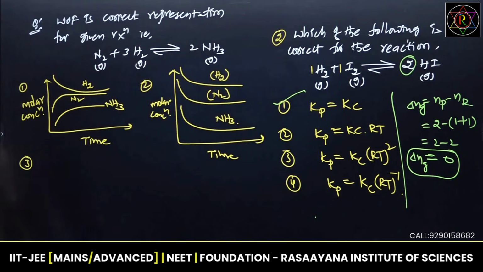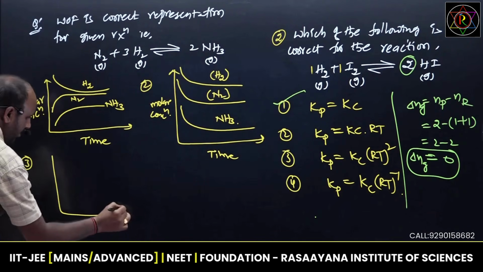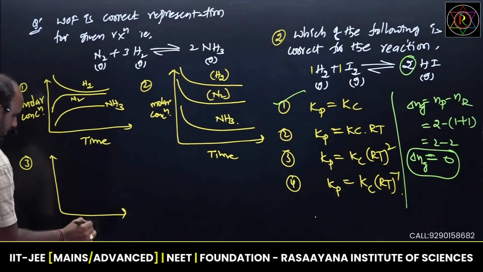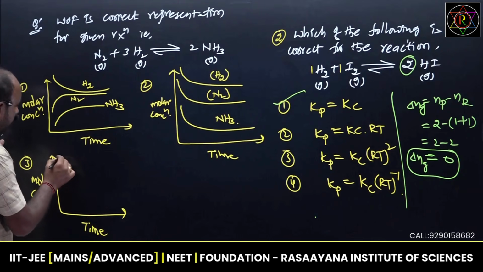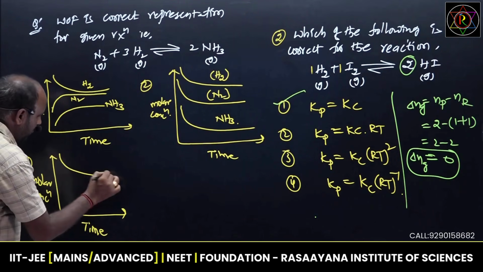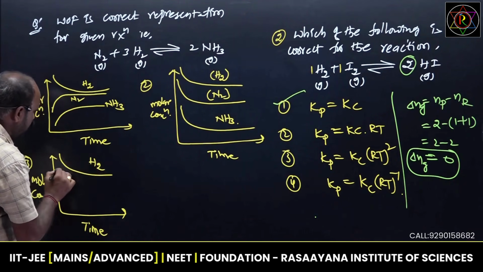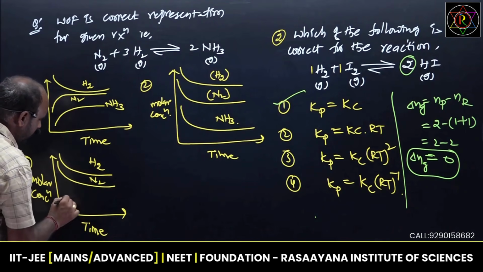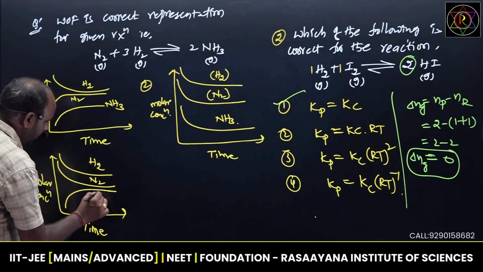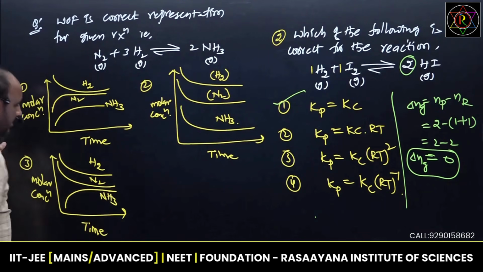Then the third representation, time versus molar concentration, right? So here the hydrogen concentration will decrease, then the nitrogen concentration will decrease, then the ammonia concentration will increase.